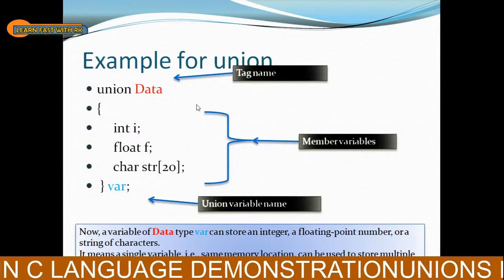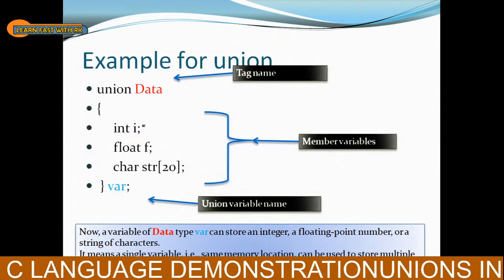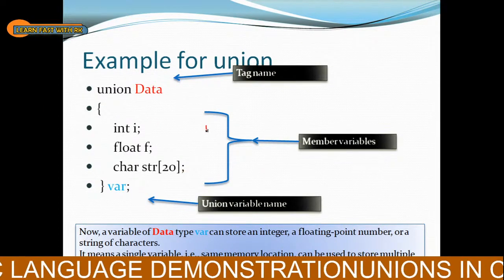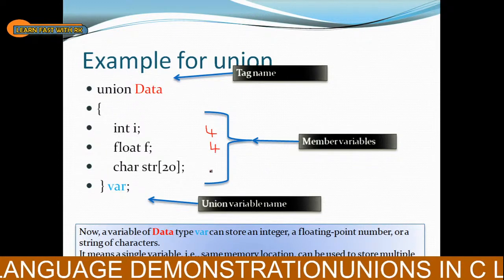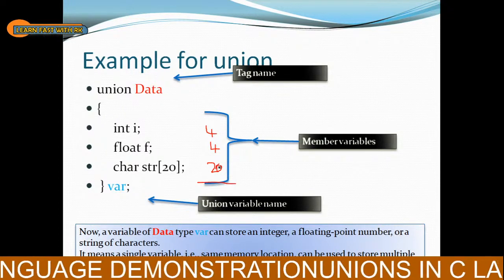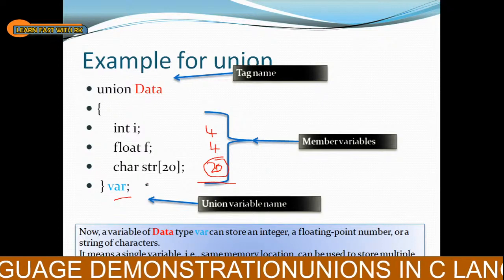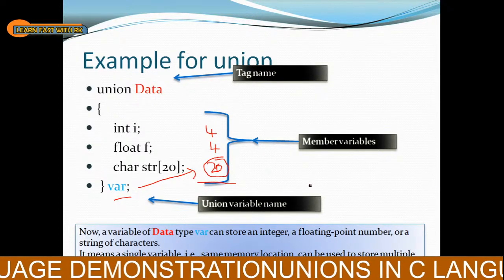So among all these sizes, the first one is 4 bytes, the second one is 4 bytes, and the third one is 20 bytes. Among all these, 20 is the maximum, hence var will be allocated 20 bytes of memory.